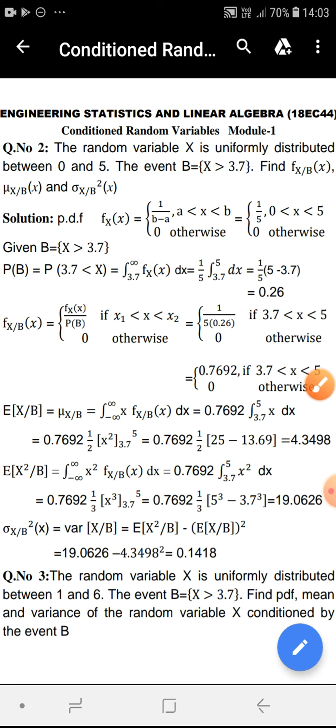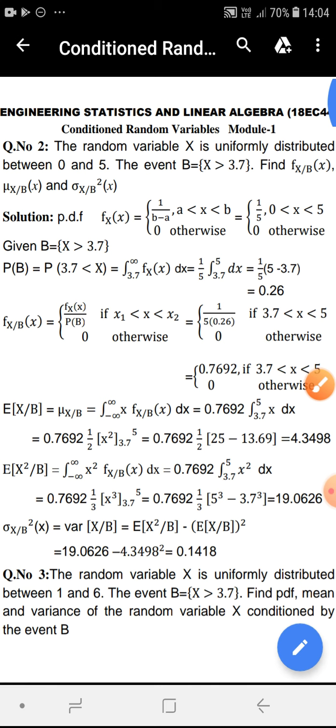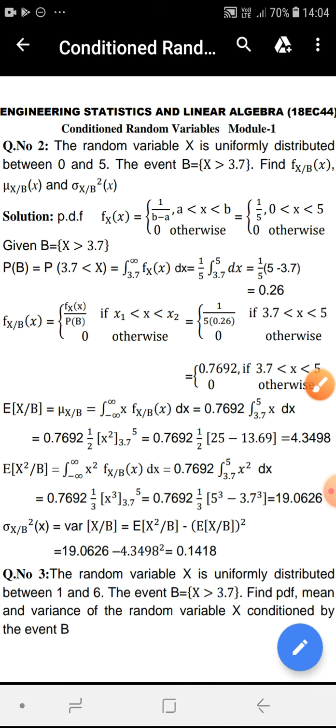Now we'll calculate what is asked in the question one by one. The conditioned probability density function of the random variable x is given as fx of x divided by p of B, if x is greater than x1 and less than x2, 0 otherwise. Now you can see that x is uniformly distributed between 0 and 5.